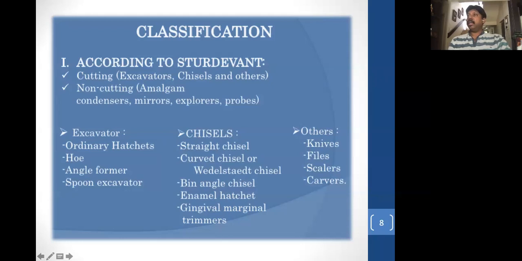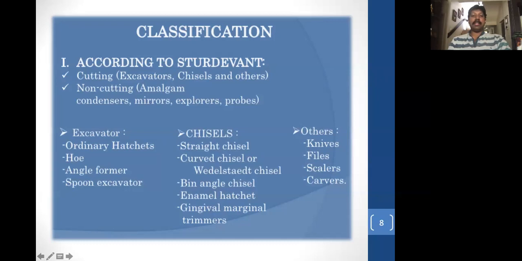Cutting is like excavators, and non-cutting is amalgam condensers. There are so many excavators: hatchets, hoe, angle former, spoon excavators. Chisels include straight chisel, curved chisels, bin-angle chisel, enamel hatchet, GMT.